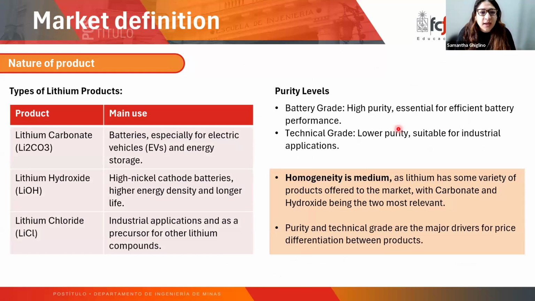Hydroxide is used in high-nickel cathode batteries, which have higher energy density and longer life. And chloride is used in industrial applications, but of these three, the first two are the main ones currently moving most of the lithium market.